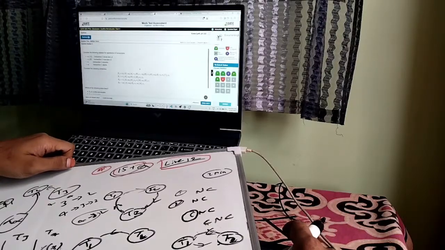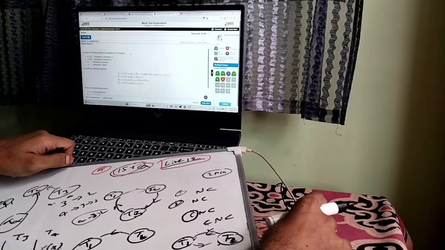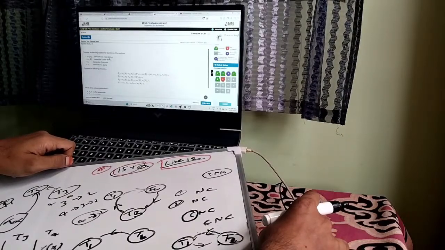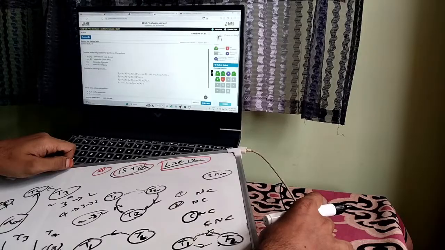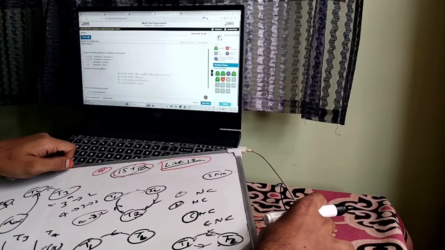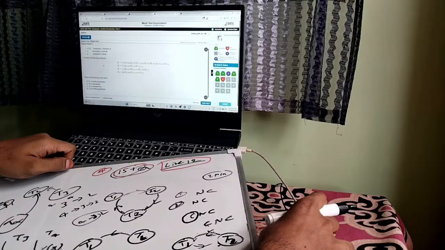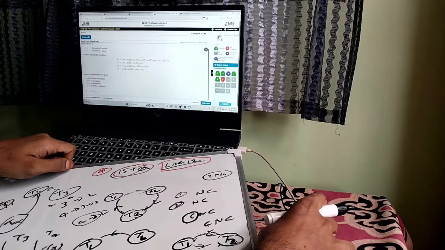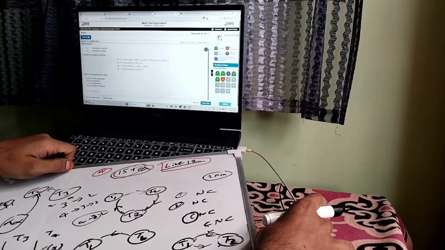Okay, consider the following notation of the transactions. W1 of A: transaction 1 writes item A. C1: transaction 1 commits. A1: transaction 1 aborts. I did not study these concepts, but we have S1 and S4 as complete.